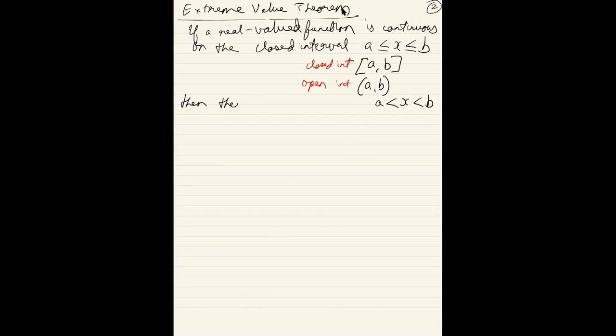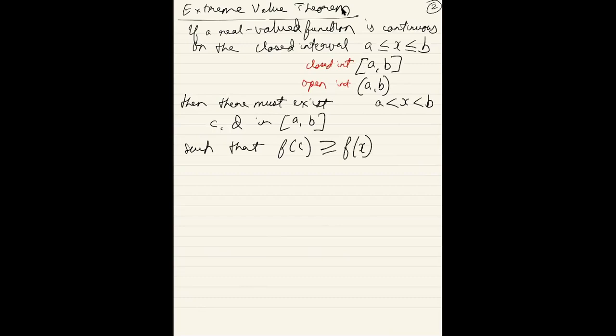Then there must exist points c and d in this interval a, b, and again the closed property is important here, such that f of c is more than or equal to f of x for all x in the closed interval a, b, and f of d is less than or equal to f of x in the same interval.